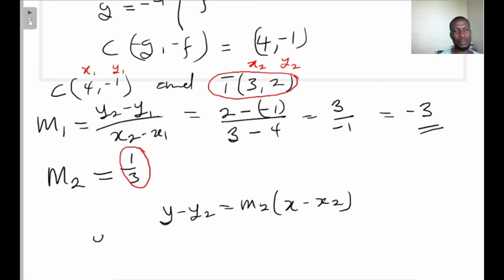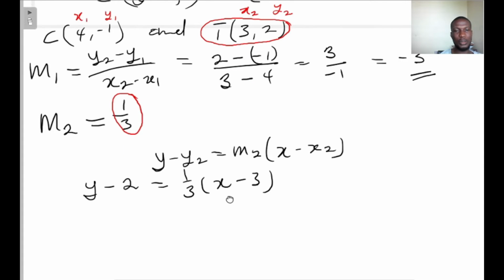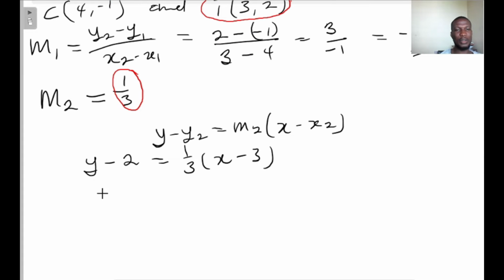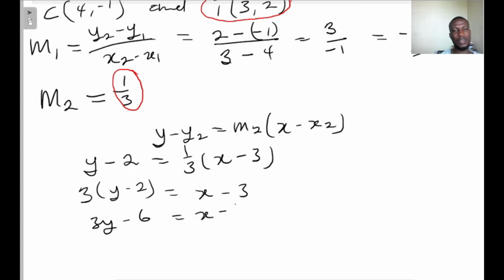So that becomes y minus 2 being equal to 1 over 3 times x minus 3. Multiplying through by 3, we are going to have 3 multiplying y minus 2 being equal to x minus 3. Then 3y minus 6 equal to x minus 3.